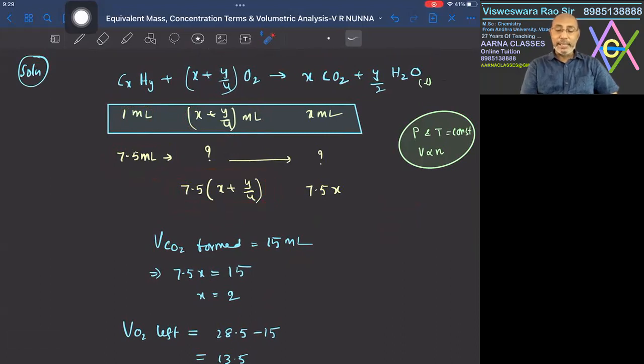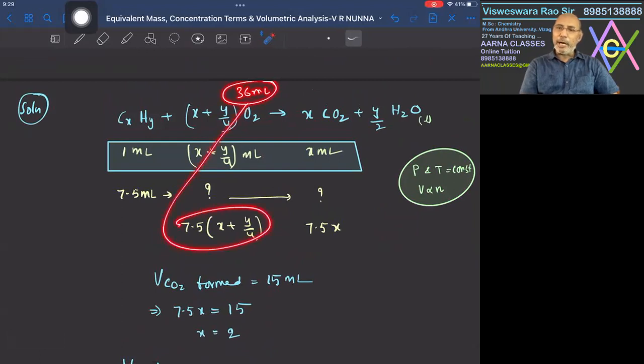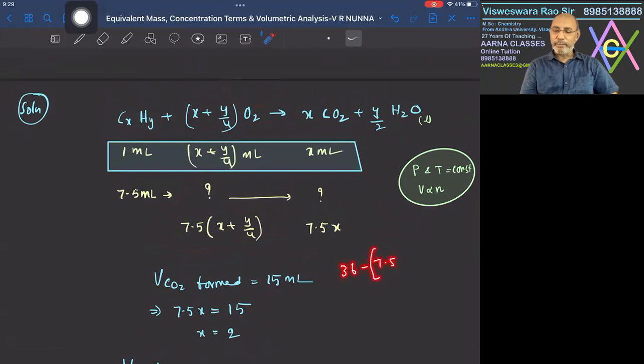That means 7.5 ml of hydrocarbon needs this much oxygen. You started with 36 ml of oxygen, this is consumed, so how much is left? 36 minus 7.5 into x plus y by 4 is left. So this left is equal to 13.5.